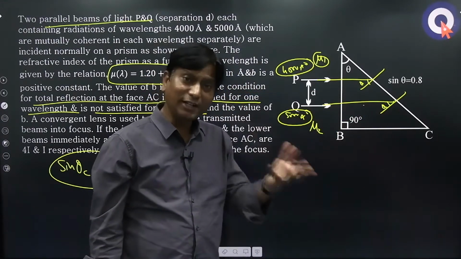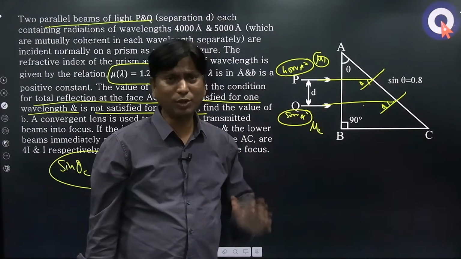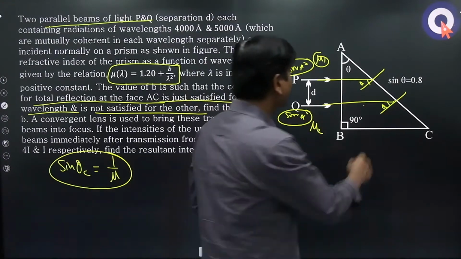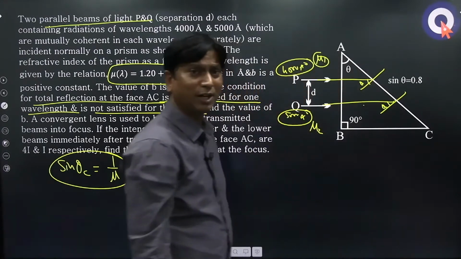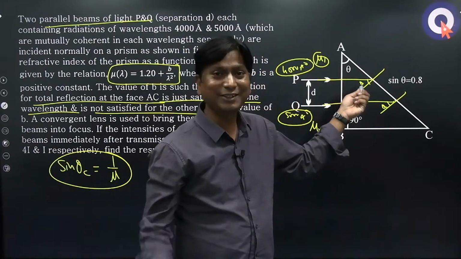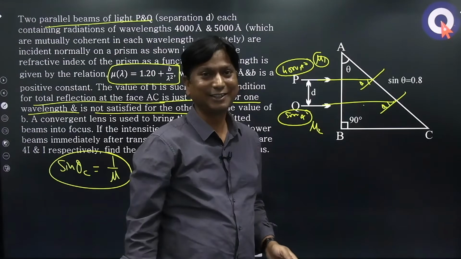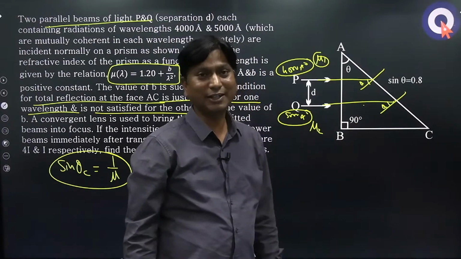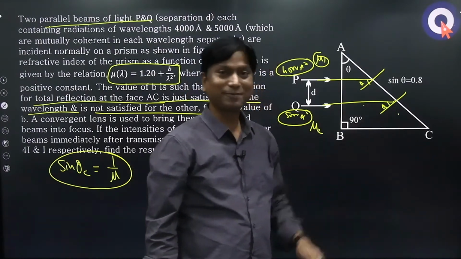Already clear, given that one is getting total internally reflected. So the only chance is this one will get total internal reflection, because this theta is greater than the critical angle. But for the other, theta is not greater than the critical angle, because that critical angle is high.